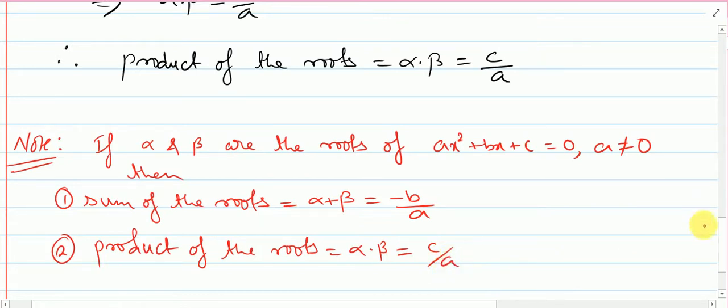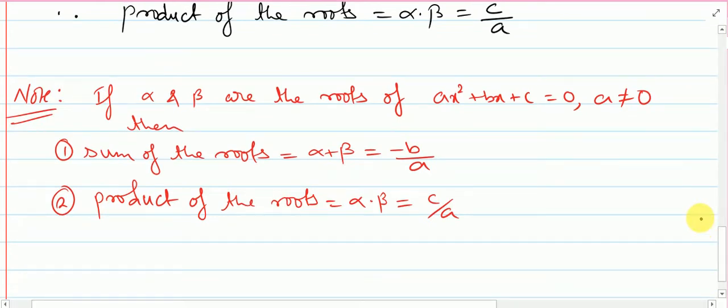Okay, so this is very important, that the sum of the roots of a quadratic equation will be minus b upon a. Okay, where b is what? Coefficient of x, and a is the coefficient of x square, and the product of the roots will be c upon a. Okay, where c is the constant and a is the coefficient of x square.